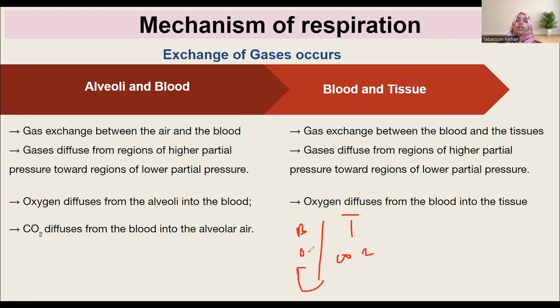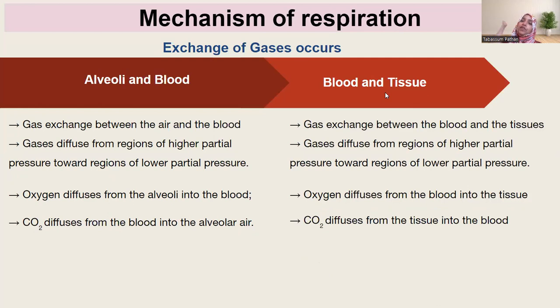Similarly, the oxygen is more in the blood and less in the tissue, so oxygen will move from the blood to the tissue because it is bringing fresh oxygen to the tissue to carry out its metabolic activities, and carbon dioxide will diffuse from the tissue into the blood. I hope this is understandable. At the level of alveoli and blood, more air is coming in, so oxygen will diffuse from the alveoli to the blood, and carbon dioxide will diffuse from the blood to the alveoli.